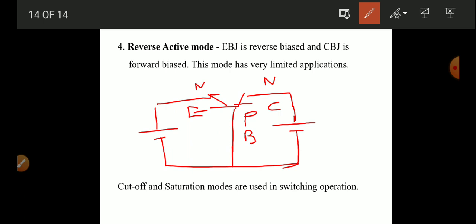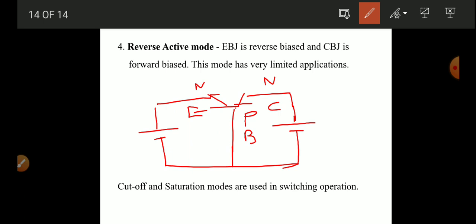These are the four modes of operation. Cutoff and saturation modes are used for switching operations, and active mode is used for amplification.